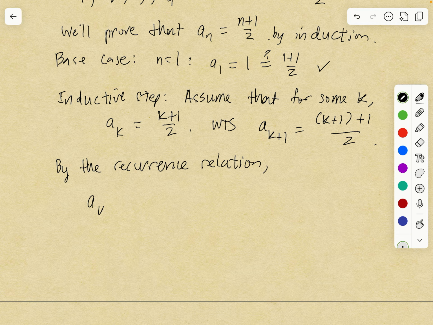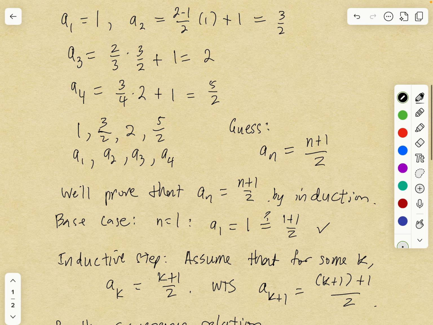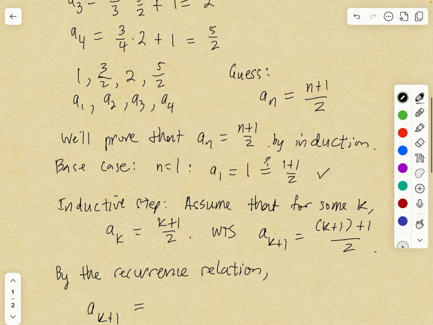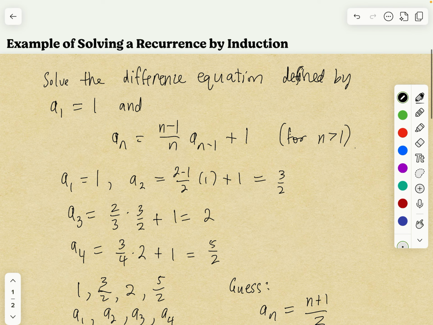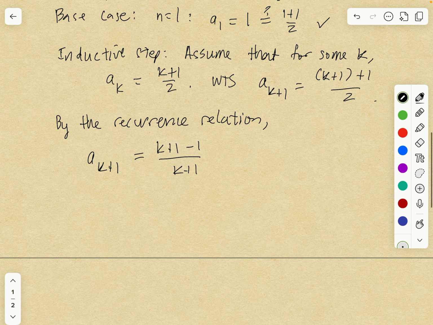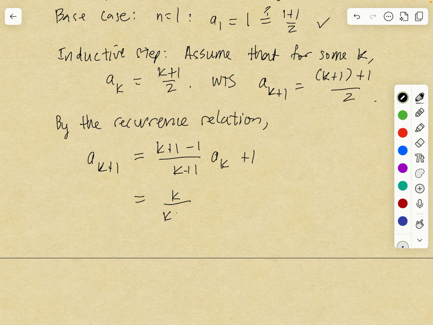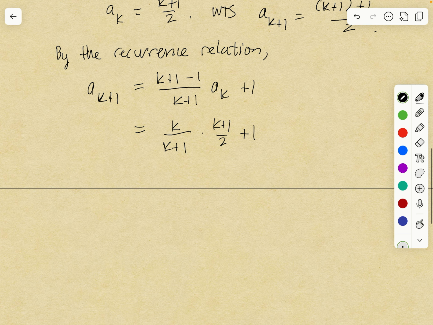So by the recurrence relation, we have a sub k plus 1 is (k plus 1 minus 1) over (k plus 1) times a sub k, plus 1. Well, that's equal to k over (k plus 1) times (k plus 1) over 2, plus 1.